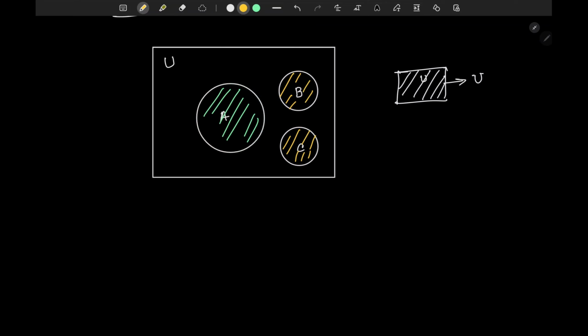And this is just an example of a Venn diagram. So whenever you have some sets and you can represent them with circles, rectangles, or whatever figure you want, you can call that a Venn diagram.